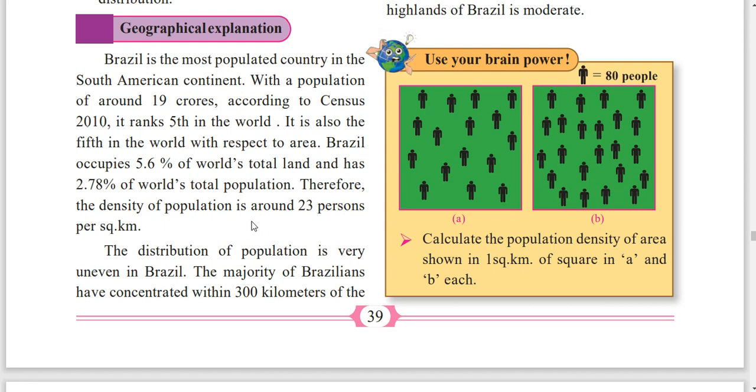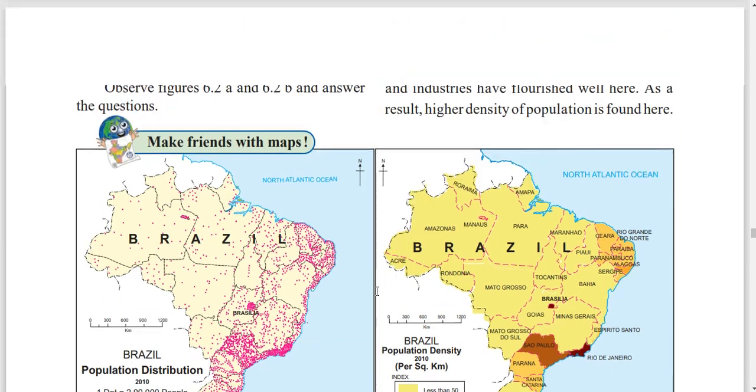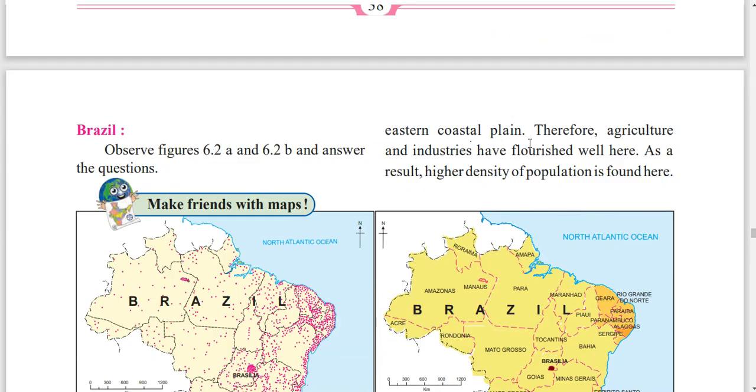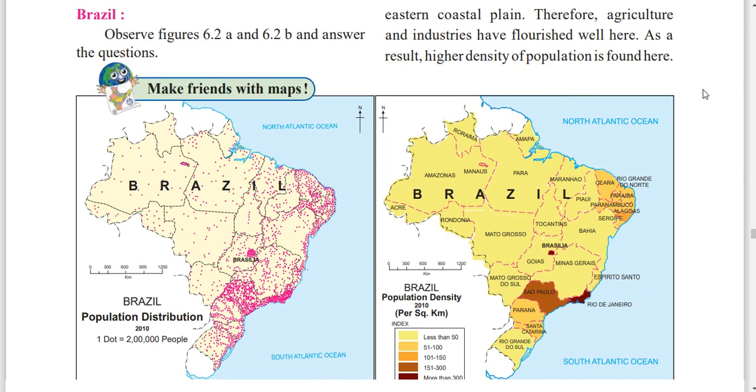Therefore, the density of population is around 23 per square kilometer. The distribution of population is very uneven in Brazil. The majority of Brazilians are concentrated within 300 kilometers of the eastern coastal plain. Therefore, agriculture and industries have flourished well here. As a result, a higher density of population is found here.